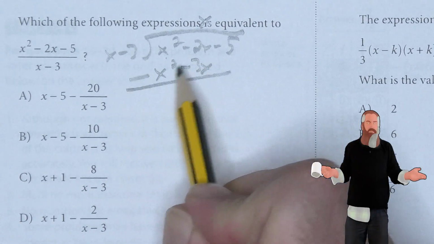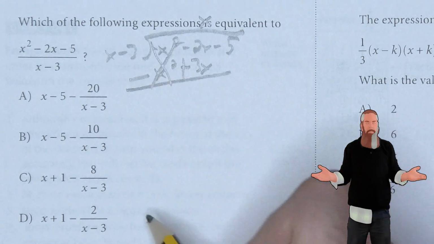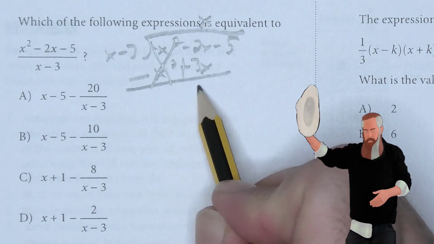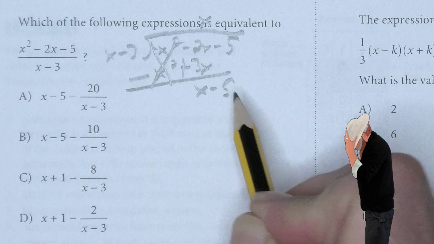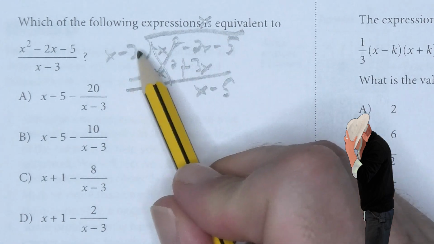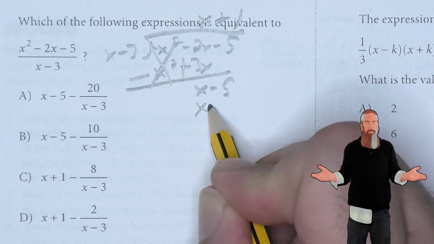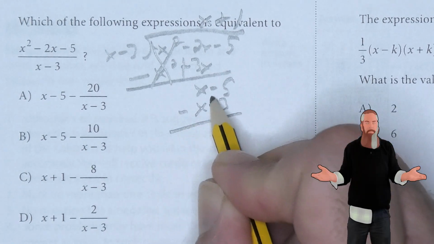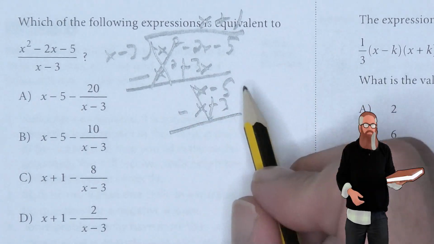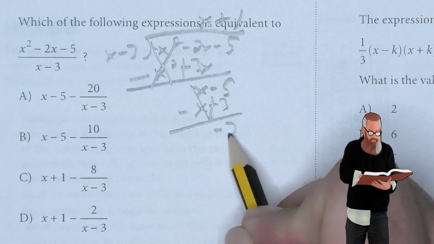I'm going to subtract this, which means changing the signs, eliminating those x's to where I can get a positive x minus 5. That means if I multiply 1 by x, I would get x minus 3. Change all of those signs so that the x's eliminate, and I wind up with a negative 2.